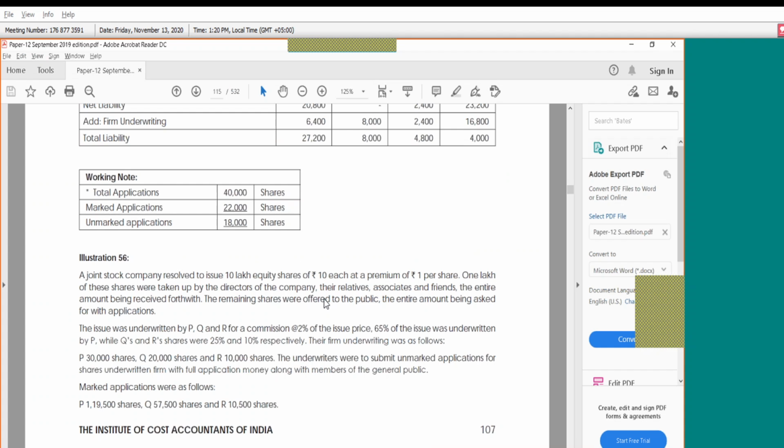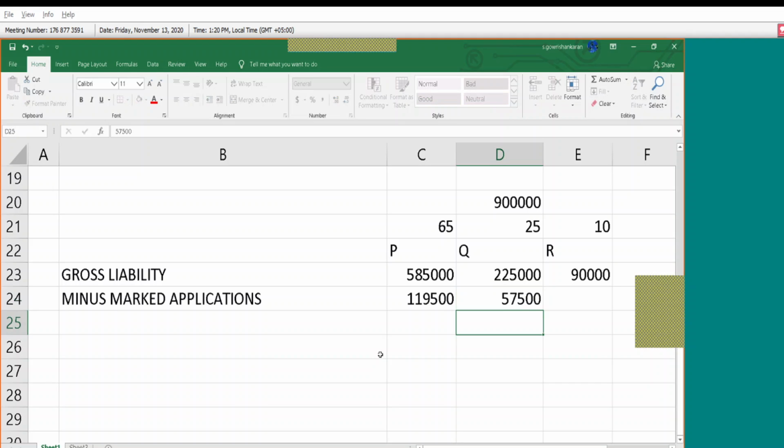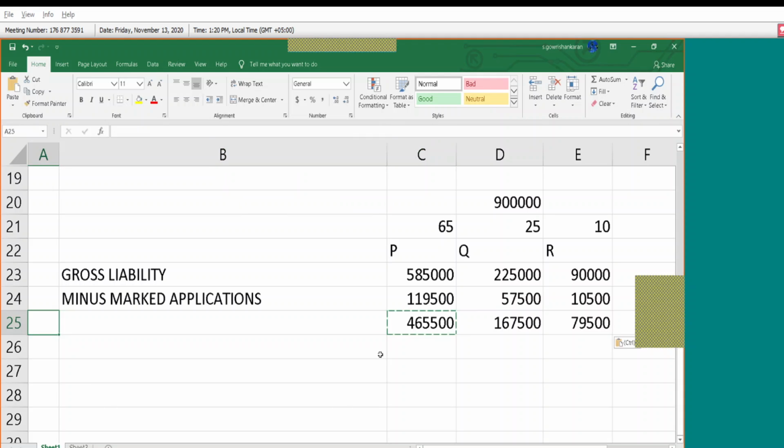Marked application is available in the question. See below: 1,19,500, 57,500, then 10,500. So I am deducting this one.